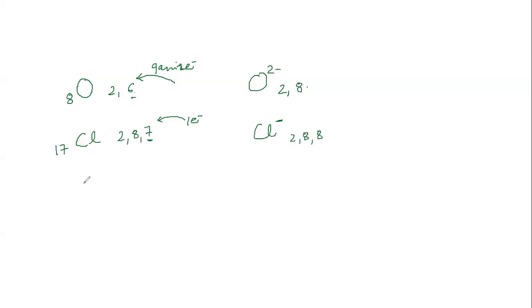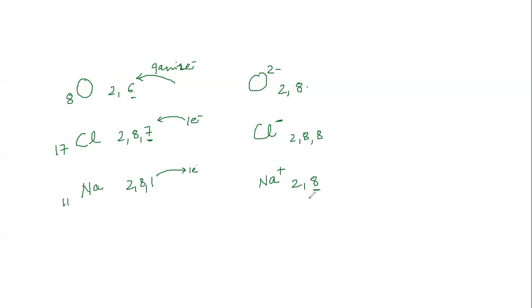If you look at sodium, atomic number 11, 2, 8, 1, it will lose this one electron because that is what it can do instead of gaining 7 electrons. So it will form a unipositive ion with 2, 8 configuration. Now this is its valence shell with 8 electrons and it is stable.